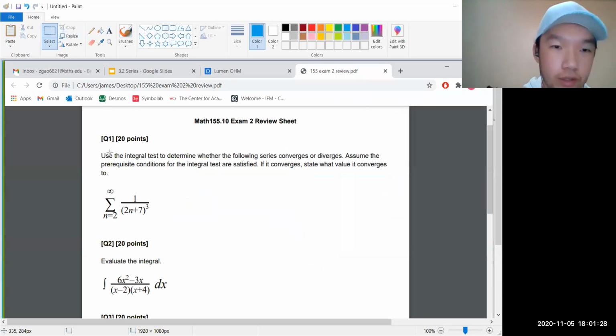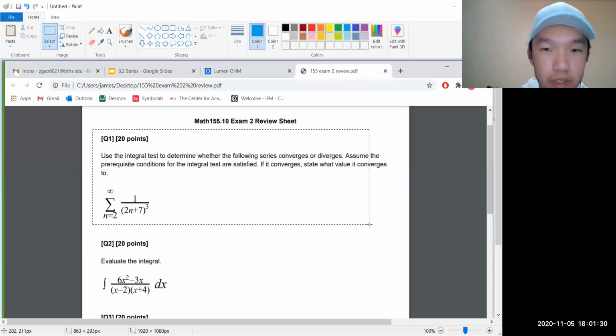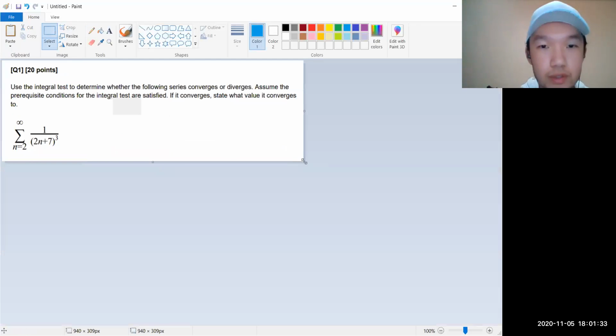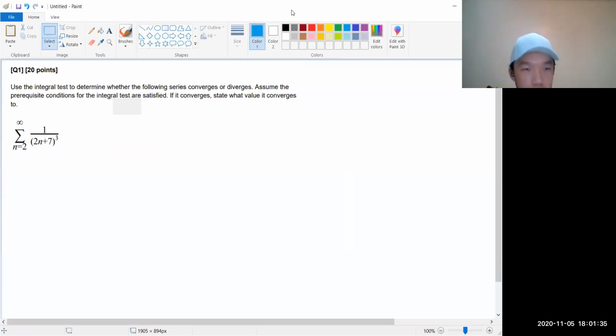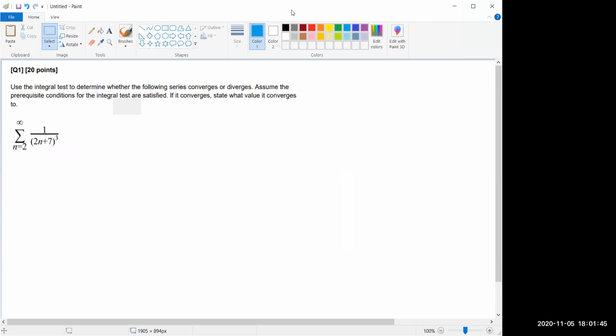All right, so let's try to do number 1 on the review sheet. It says, use the integral test to determine whether the following series converges or diverges. Assume that the prerequisite conditions for the integral test are satisfied. Remember, for the integral test, you have to make sure that it's, number 1, continuous, number 2, decreasing, and number 3, always above the x-axis.